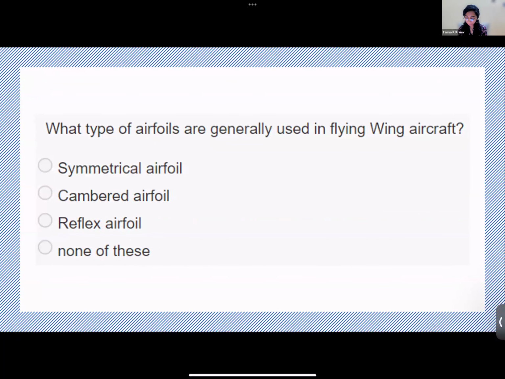What type of airfoils are generally used in flying wing aircraft? I think we discussed these types of questions earlier in the lectures. What type of wing is generally used in flying wing aircraft? What would it be? Symmetrical, cambered, reflex?